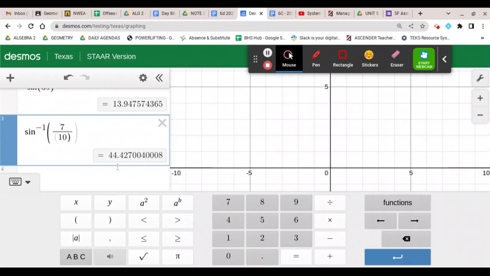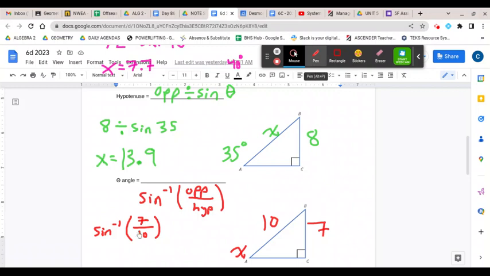And we get 44.4. Pause the video if you need to, go back if you need to. And so that means our angle X is going to be about 44.4 degrees.